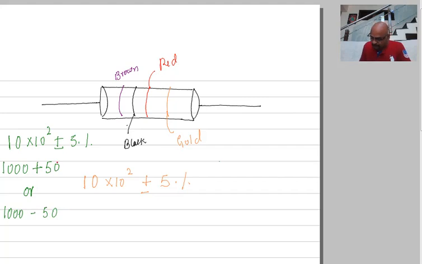That means variation. What is the variation the resistance can have? The value is 1000. It can be 50 ohms more or 50 ohms less.